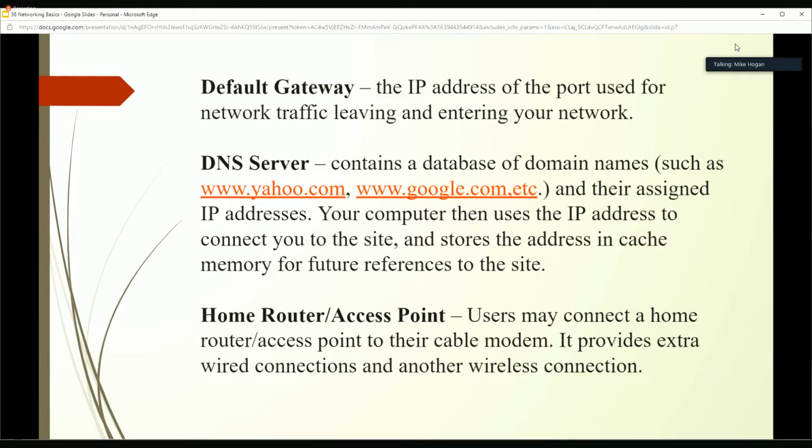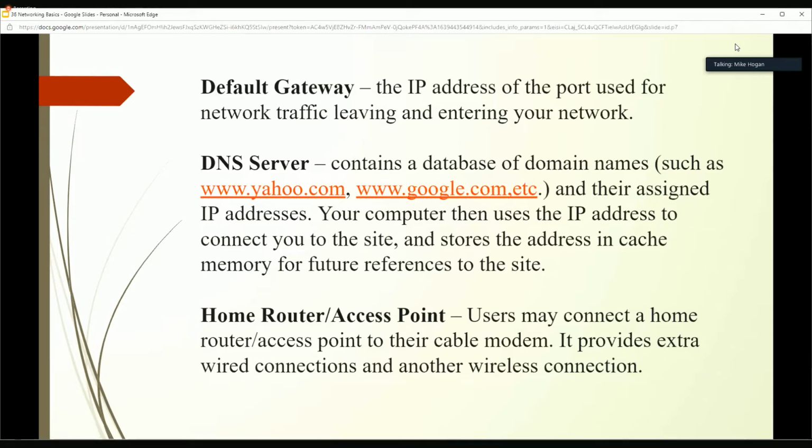And so when we look at this DNS server, what this server will do is it'll take the names that we know to be our popular websites. I want to go to Yahoo or Google or whatever it may be. I can remember the website name, but I don't know the website address. Now there's an IP address assigned to that website, and this DNS server will go through the process of matching up the name with the IP address.